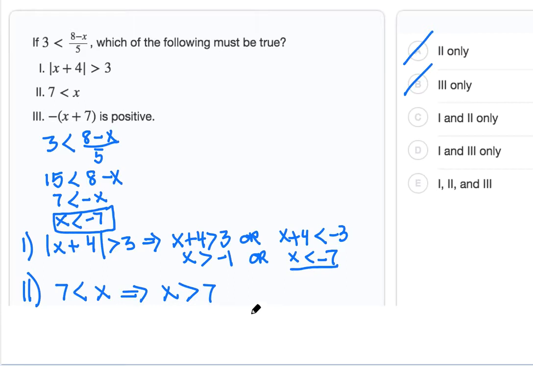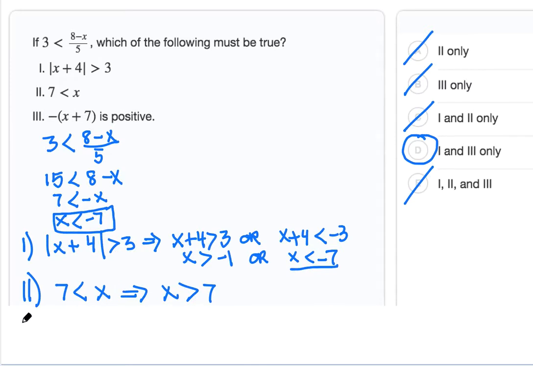And we can tell right away that that contradicts the given that x is less than -7. So there's no way Roman numeral 2 can be true, which means we can now eliminate any answer choices that have Roman numeral 2. So we can eliminate choice C and choice E, which means we can actually safely say at this stage that choice D, 1 and 3 only, is the correct answer.